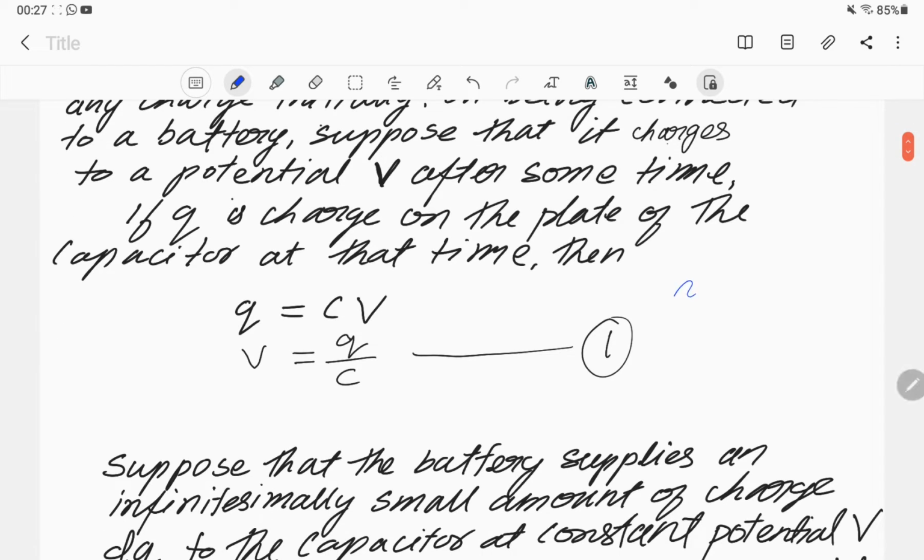Now see, initially the capacitor has charge 0.